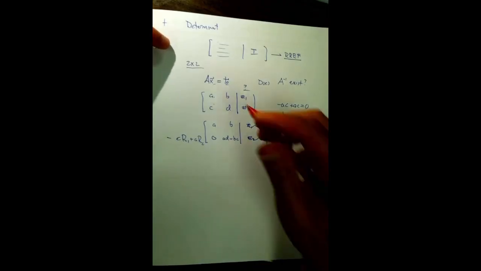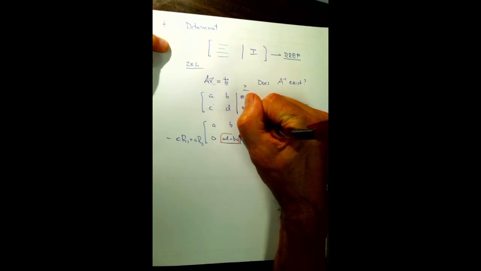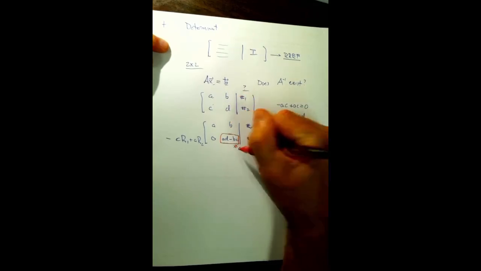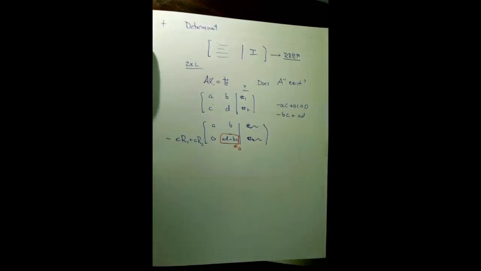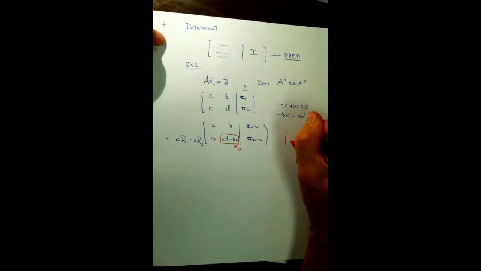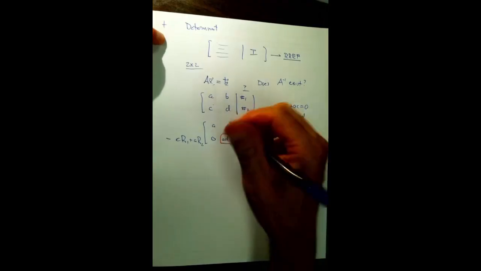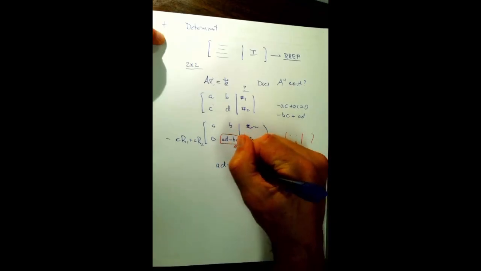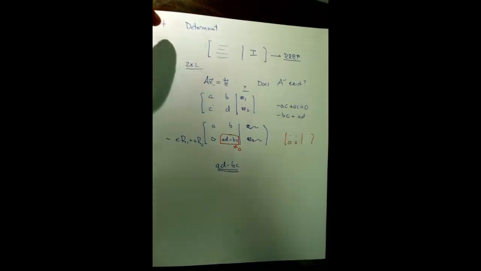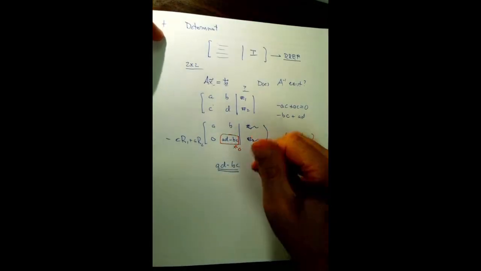If I want to put this in reduced row echelon form, I can only do this if that number is not 0. If that number is 0, I'll get zeros in that bottom row, and the matrix inverse will not exist. So this term AD minus BC indicates whether or not the inverse exists.